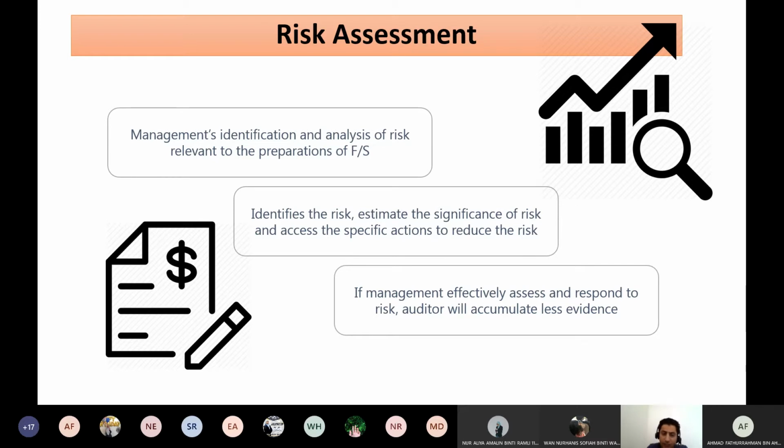So here, this statement shows us how the risk assessment may affect the auditor's process and the auditor's work. So now, if you notice, if the auditor will accumulate less evidence, it means the audit fees will be less.